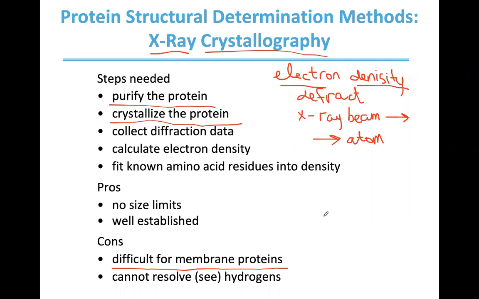Now, in a crystal, remember, to form a nice, strong crystal, you have to have polar residues on the outside, which can interact with each other to form some kind of charged interactions, right? Or dipole interactions, which are stronger than any kind of hydrophobic forces. So a lot of membrane proteins, even though we have known them for dozens of years, still have not been crystallized.